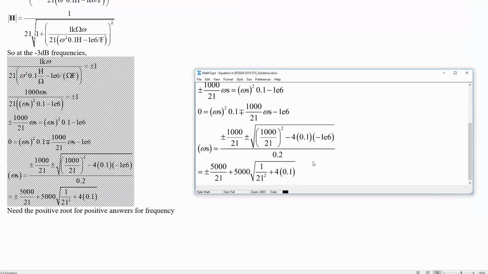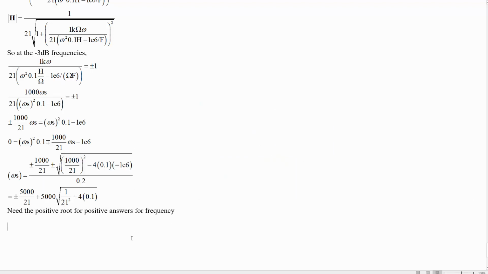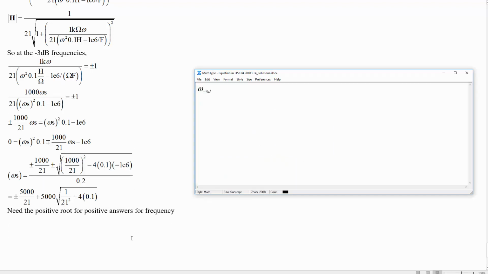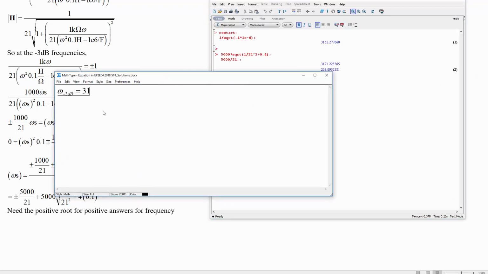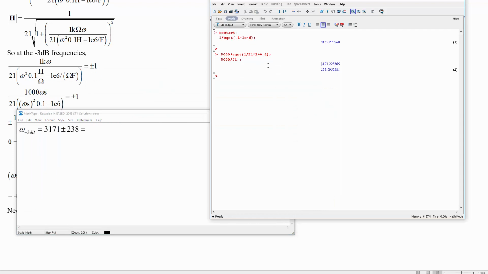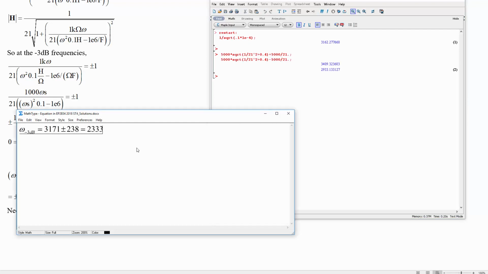So you could rewrite this thing as the 3 dB frequencies are equal to, let's see, 3171 plus or minus 238, which would equal, how about we do it like this? 2933 rad per second and 3409 rad per second.